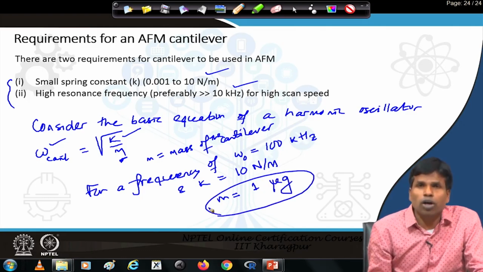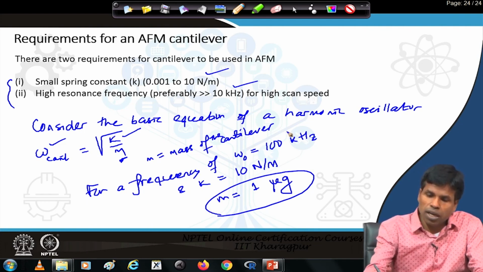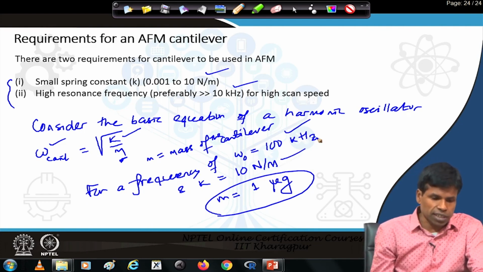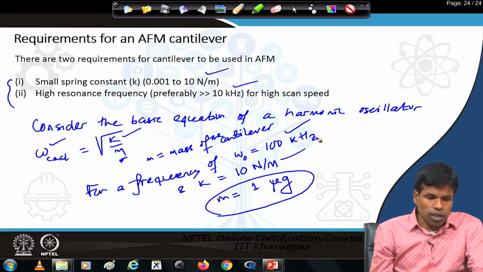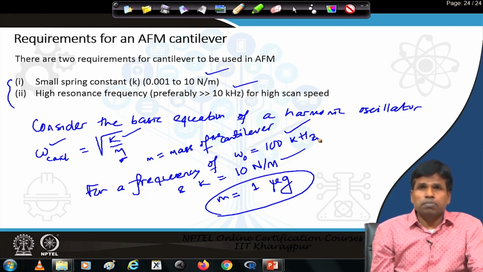So, a cantilever of 1 microgram, a very small mass, would fulfill this desired criteria. This way we can achieve the requirements to study the sample using AFM.